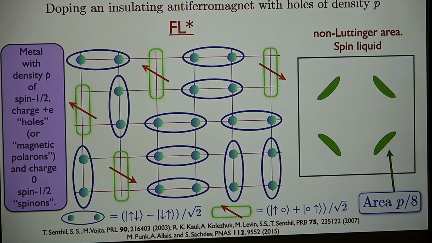And what's the area? Well, again, there are various microscopic calculations. There is in fact also a calculation of precisely this model by Matthias Punk. And you get 4 pockets again. But now you have 4 valleys, and you have a spin degeneracy. So in a spin liquid, if you get electron-like pockets, the area must be P/8. Okay. All right.